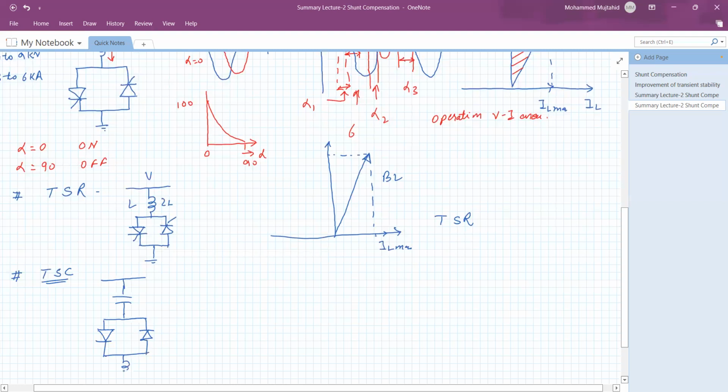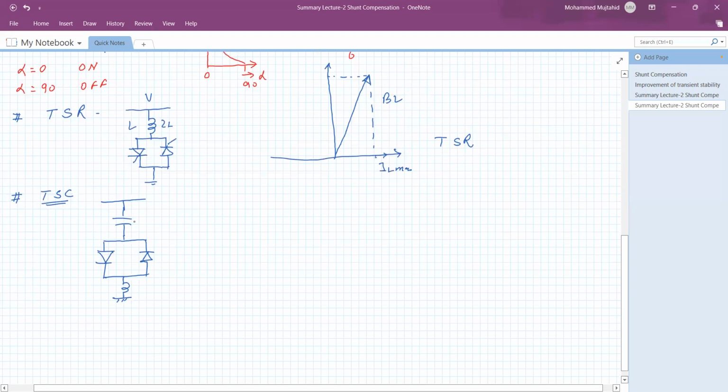One small inductor is connected to avoid the heavy inrush current, and at the same time it avoids resonance. So this is IC, the capacitive current, this is V, and the same thing is there.